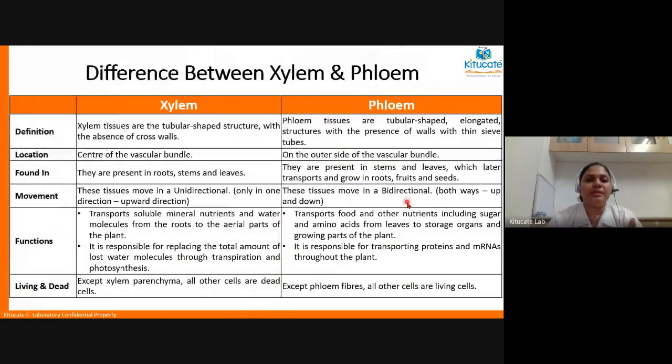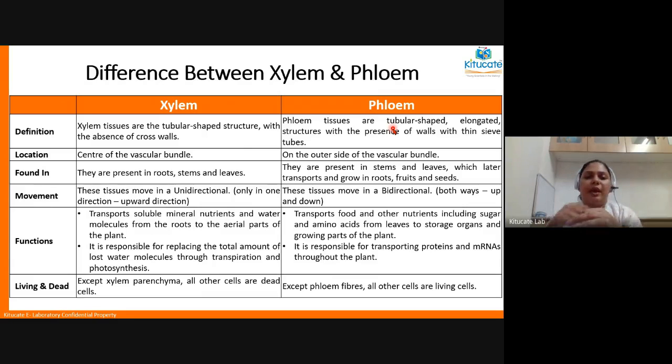Now let's understand the difference between xylem and phloem. Both are tubular shaped structures. In xylem, we don't have sieves. In phloem, we have sieve cells. Where are xylem and phloem located? Xylem is located at the center of the vascular bundle.